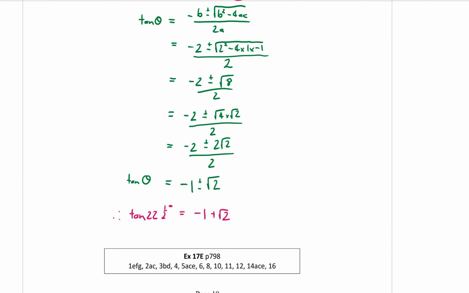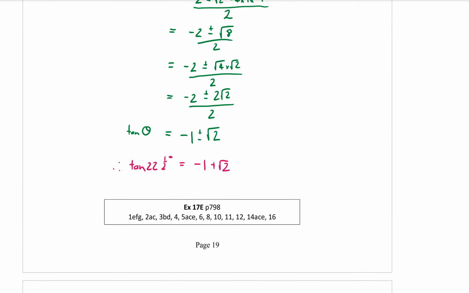Negative 1 minus root 2 would be obviously negative. Okay, so you can put a little note there to remind yourself that that is because, B-E-C-A-U-S-E, make sure I can spell, tan 22.5 must be greater than 0 because it's in the first quadrant.